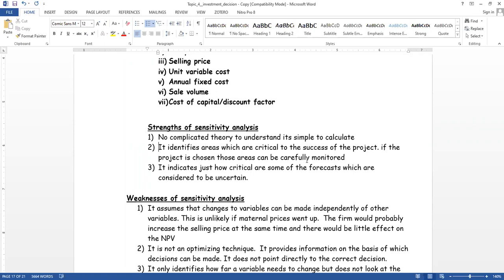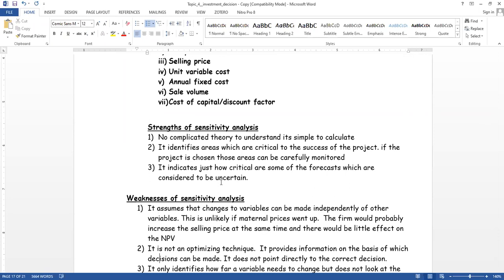So those areas which are critical to the success of the project are easily monitored because you can easily identify them. Then it also indicates just how critical some of the forecasts are which are considered to be uncertain. So those are some of the key strengths.